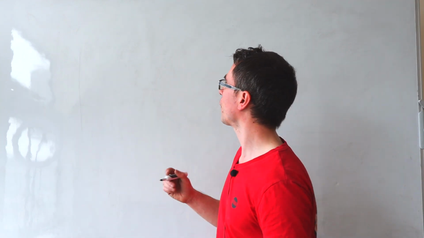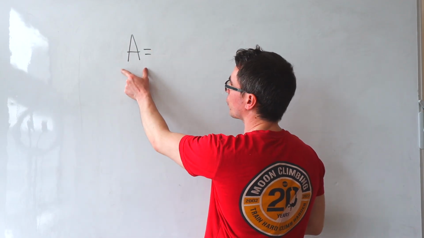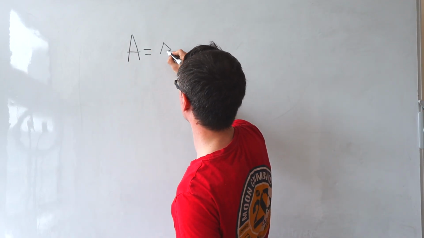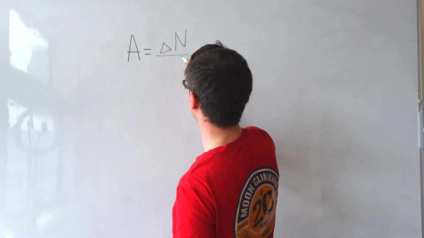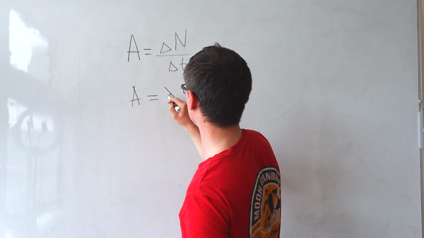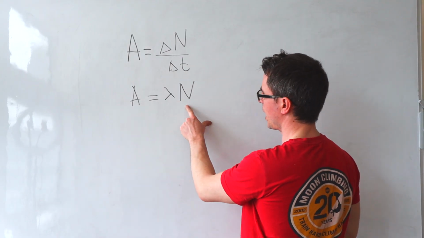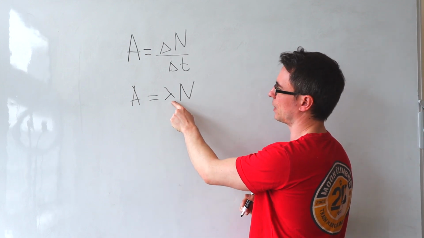In terms of equations, there are a few main ones that we need to know. The activity is equal to the number of particles that have decayed per unit time. The activity is also equal to lambda multiplied by N, where N is the number of undecayed nuclei. But what is lambda in this case?